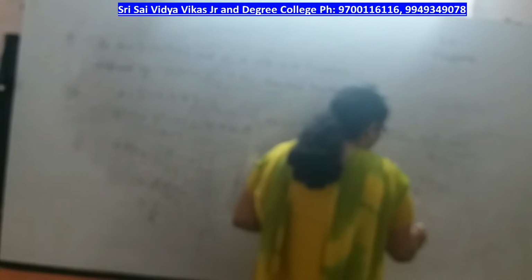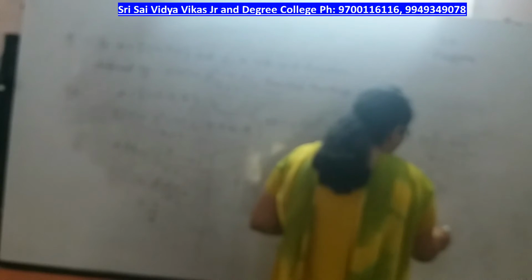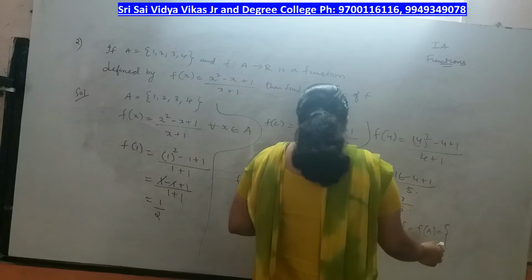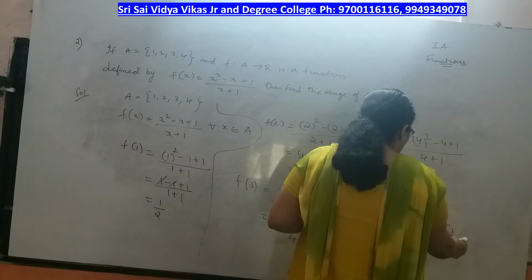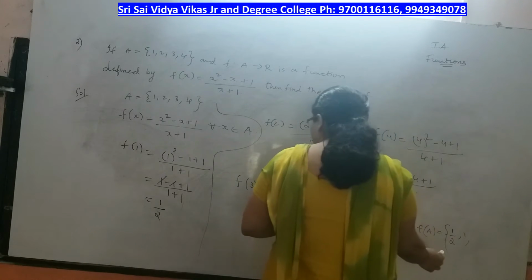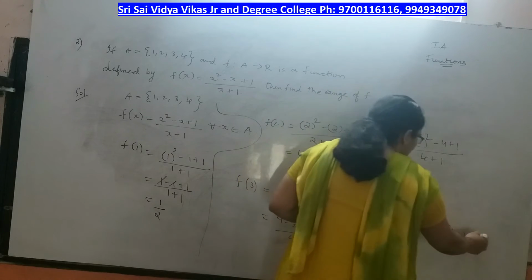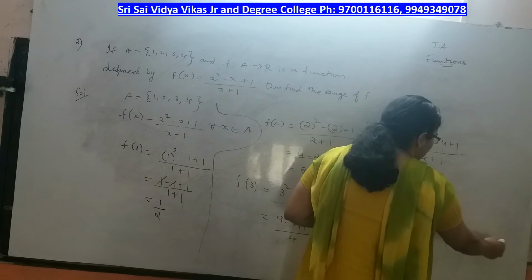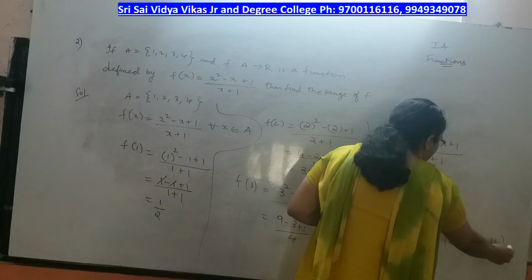So range of f is equal to f of A, that is equal to {1 by 2, 1, 7 by 4, 13 by 5}.